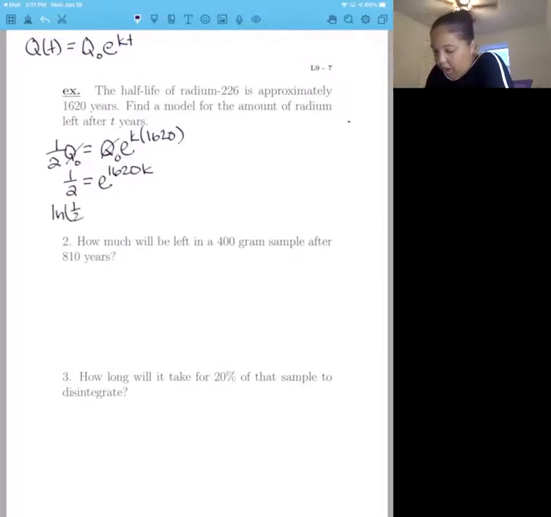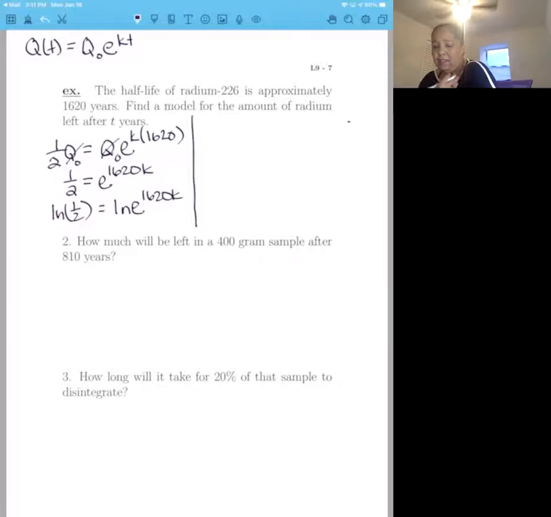Natural log of 1/2 equals the natural log of e to the 1,620k. The natural log of e is 1, so I bring the 1,620k out in front, and I get 1,620k equals natural log of 1/2.